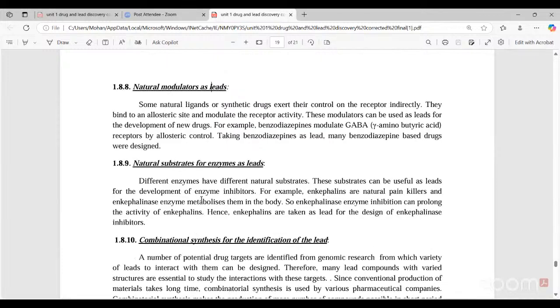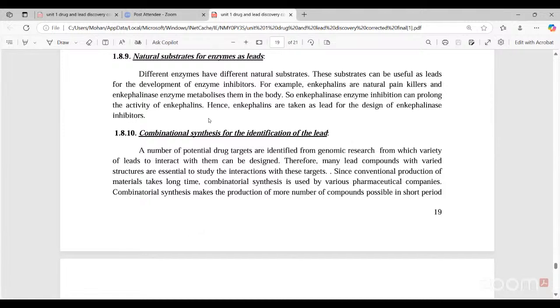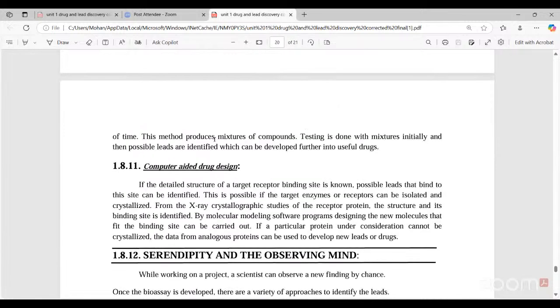So these are some of the molecules and strategies. Next, computer-aided drug design. Nowadays, this is a very fast-growing field. If the detailed structure of the target receptor binding site is known, the possible leads that bind to the site can be identified.